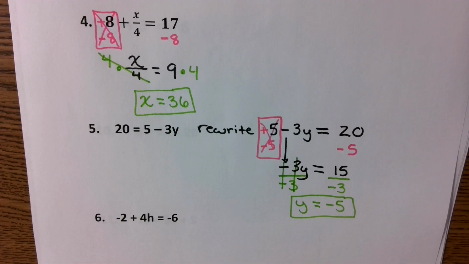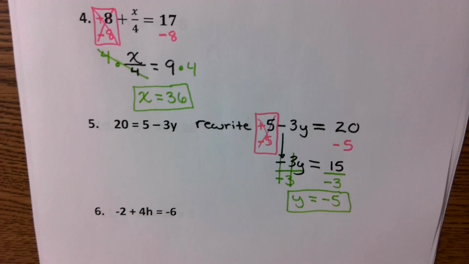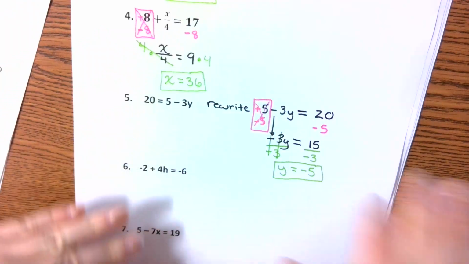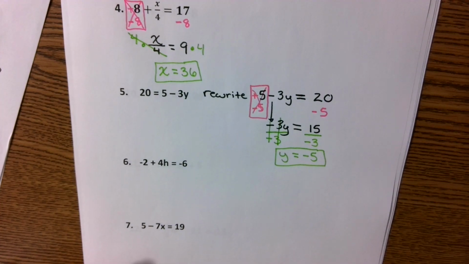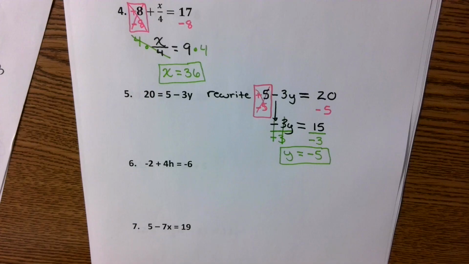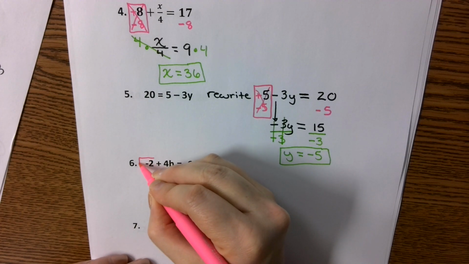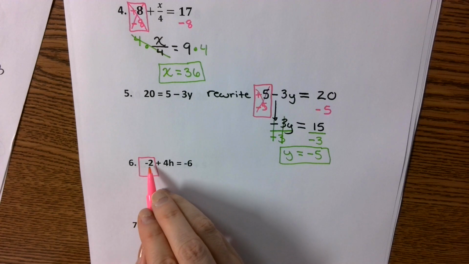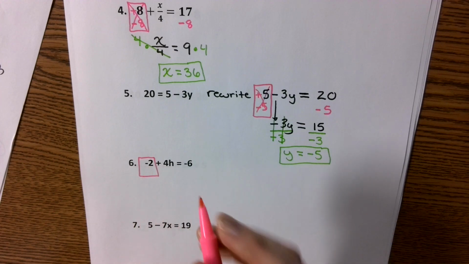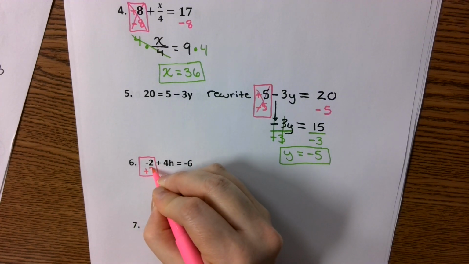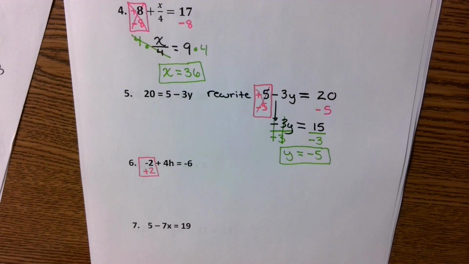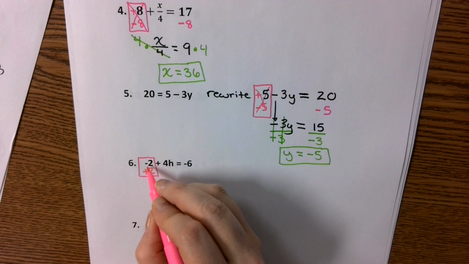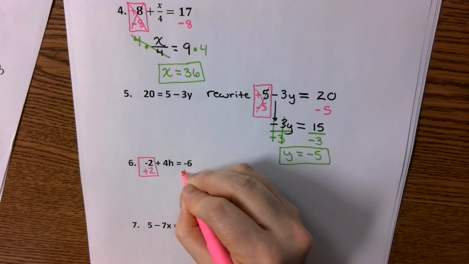Okay, for problem number 6, we need to get rid of the negative 2 first. That minus sign that's in front of it means the inverse is to add it. So we're going to add 2 to both sides.